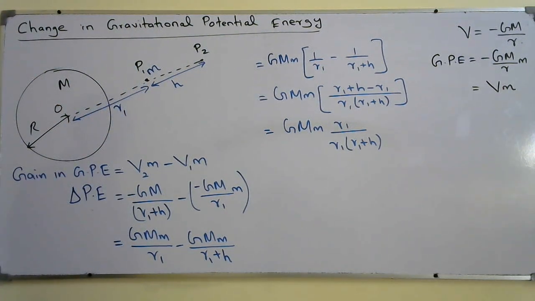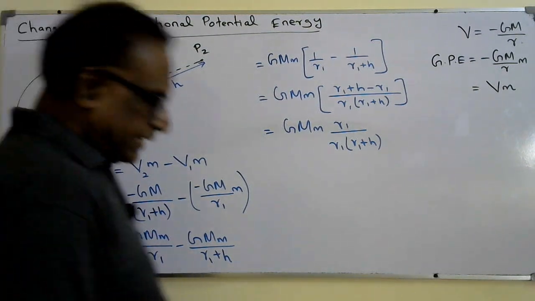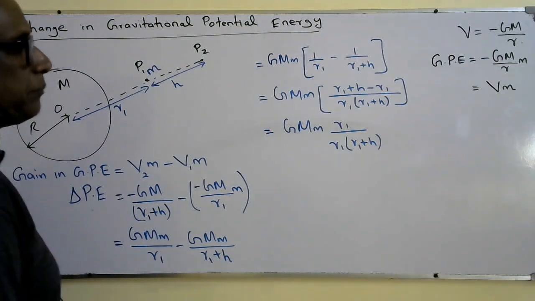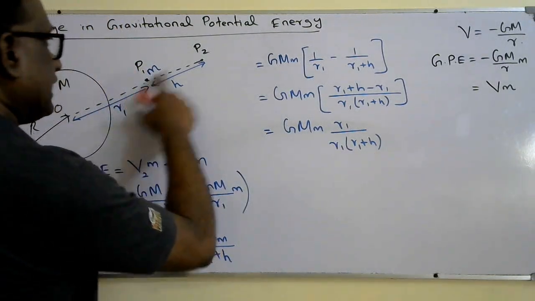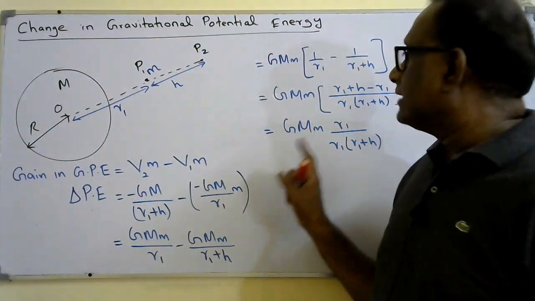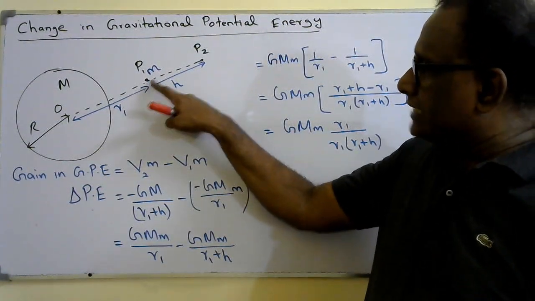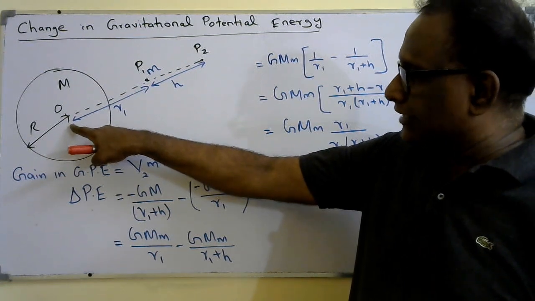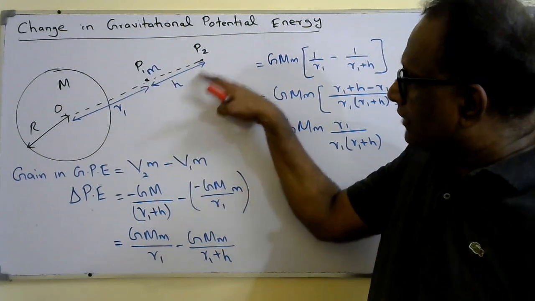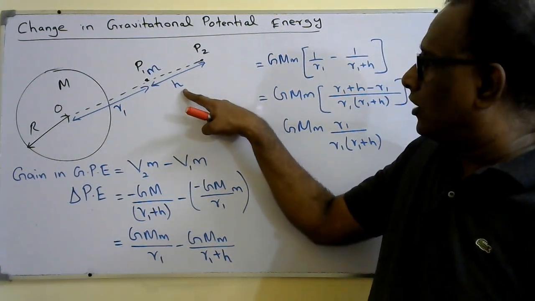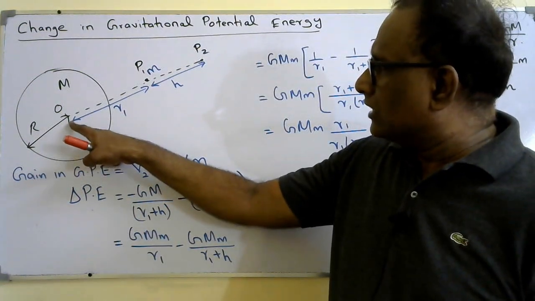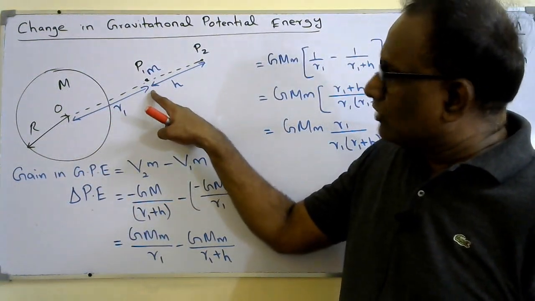Okay, now we'll analyze it. If h, the height through which the object is moved, is much smaller than R1. Say the point P1 is at a distance R1 from the center of the Earth, and the distance through which the object of mass m is moved is h. If h is very small compared to R1, for example, R1 may be around 7,000 kilometers and the distance moved may be around 200 meters, something like that.